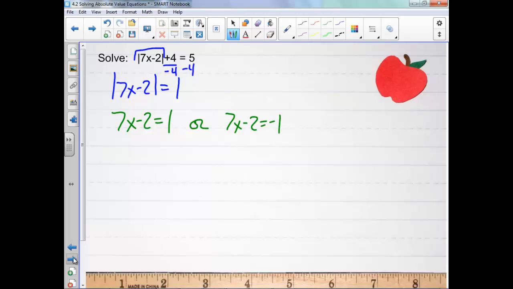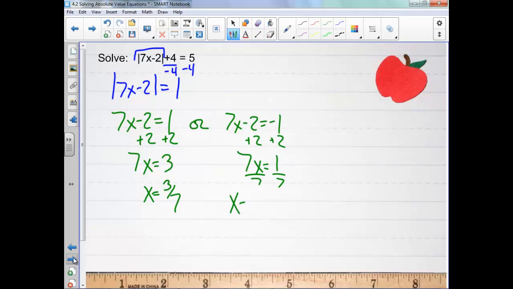Because remember, that could be positive 1 or negative 1, because either way, when you take the absolute value, you'll get a positive 1. And now solve. So x is 3/7 or 1/7. Both of those will work.